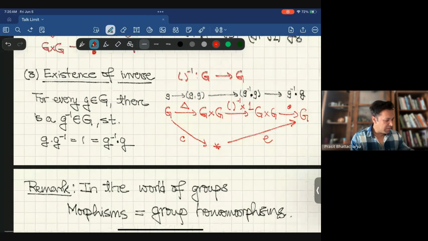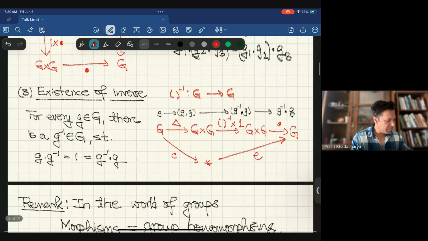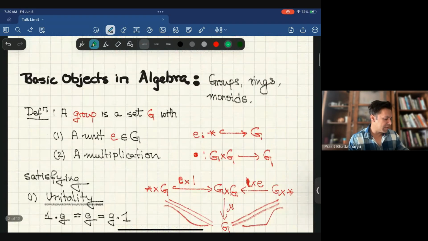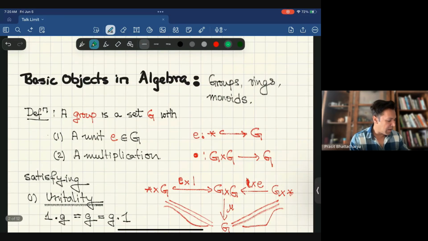Okay, good. So for my talk, if I remove this axiom, or remove the existence of inverse, I'm gonna say this is monoid and the rest remains as it is.